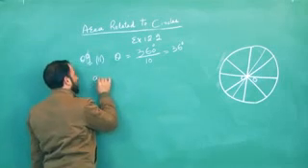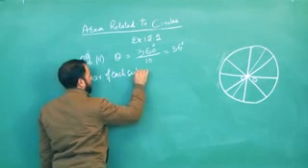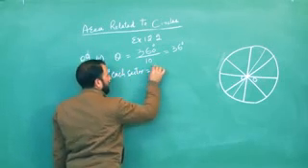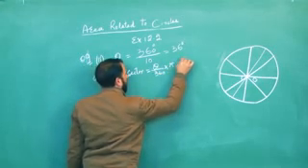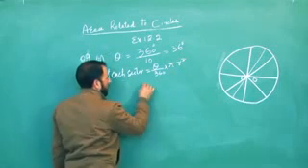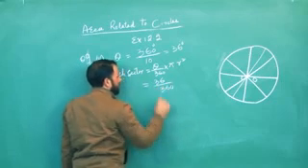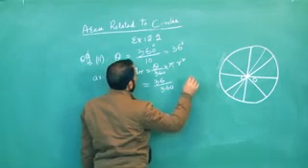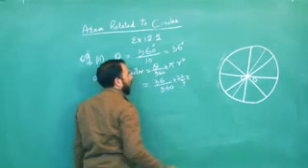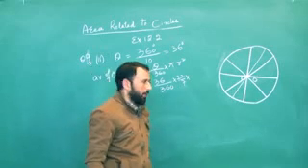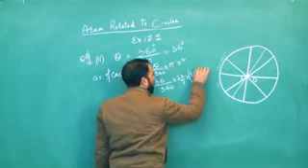Now the area of each sector is equal to theta divided by 360 into pi r square. That means theta is 36 divided by 360 into pi, which is 22 by 7, into r square. R square is clearly here 35 divided by 2 whole square.